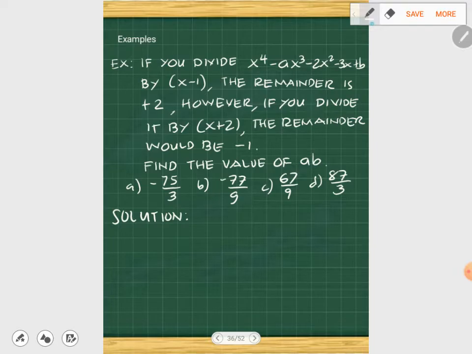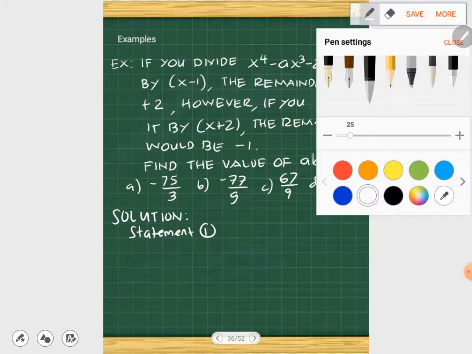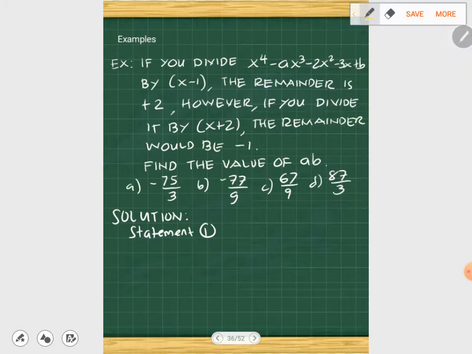So, in condition 1, if you divide ito by x minus 1, the remainder is 2. Try natin yun.